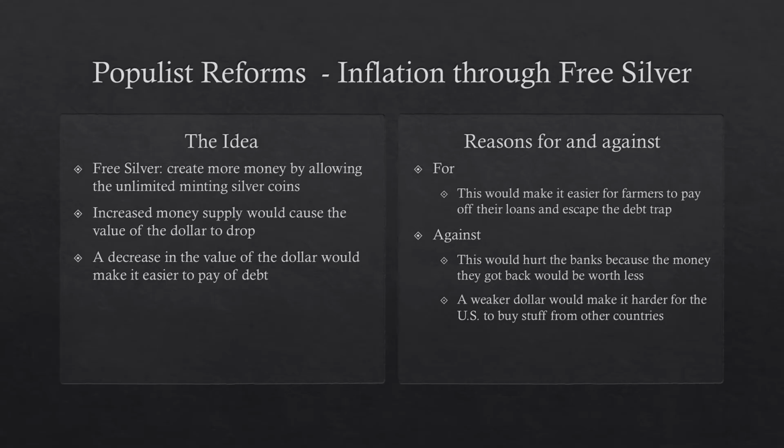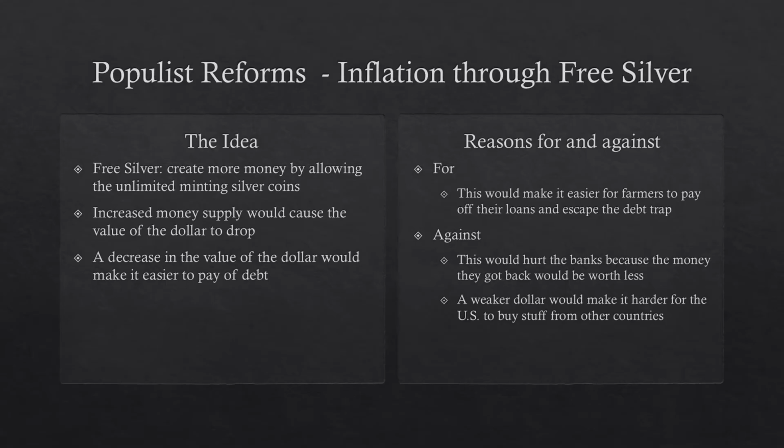And the reason they thought this would be a good idea was that if you increase the money supply, the value of the dollar would drop. And they wanted the value of the dollar to drop so it would be easier for people who owed money to pay back their debts. Basically, if the value of a dollar went down, somebody who owed $1,000 would find it much easier to pay $1,000 because dollars would be worth less.